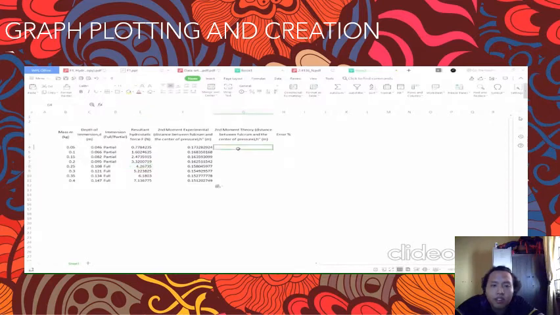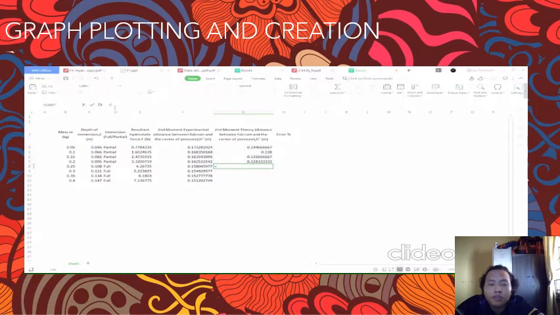So we just key in the data. After we key in the data, we do the graph by clicking the graph, choosing the pattern that we want.